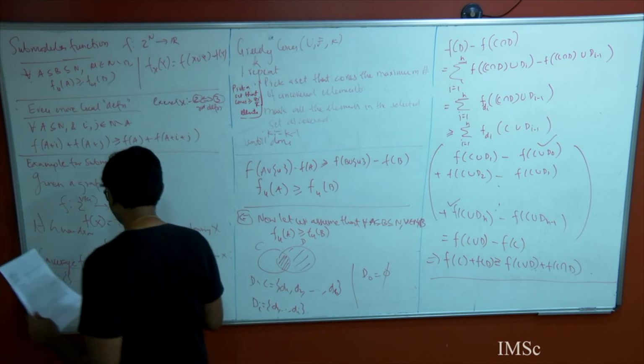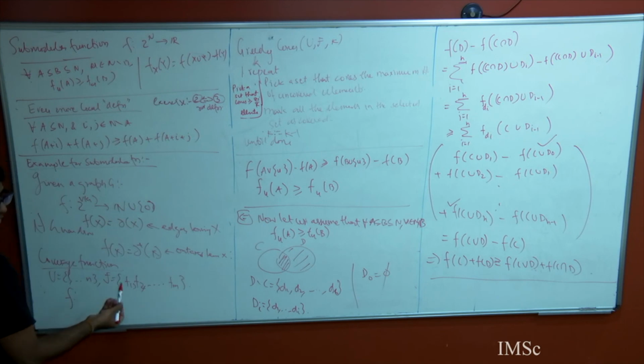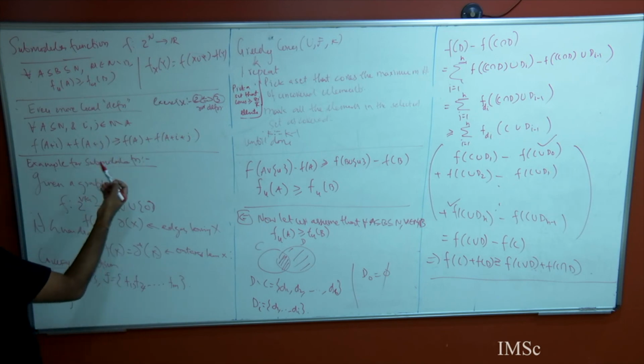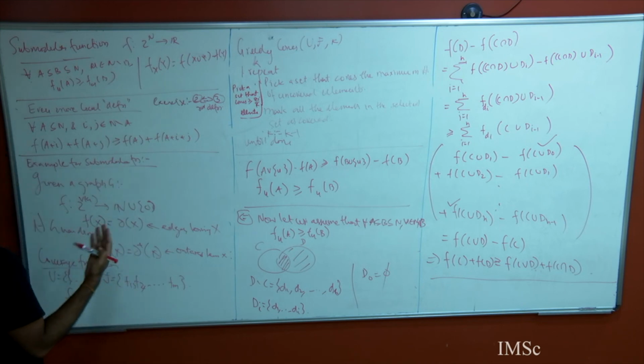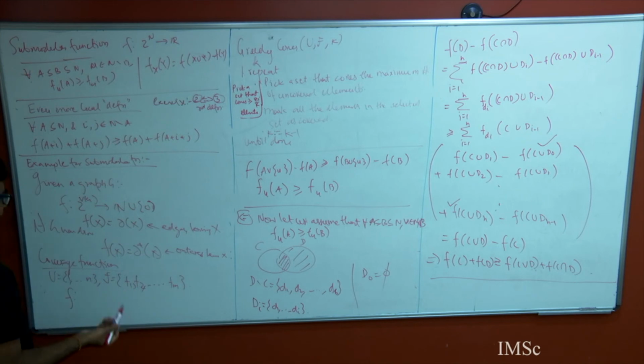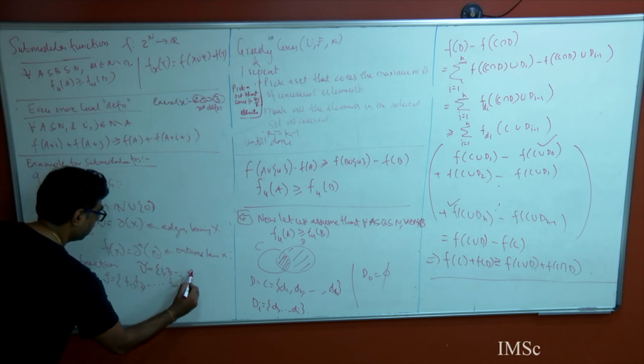It's up to me how I define this function. My function is going to be from some ground set. Let's say my ground set is U tilde, which is 1 to m.